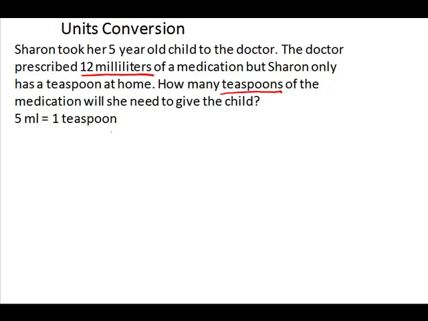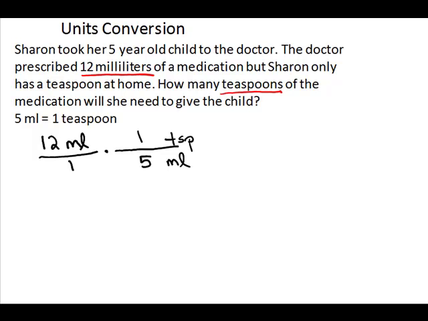So first we'll write down what we have. We have 12 milliliters, and we make it look like a fraction. We're going to multiply by our special form of 1. In the denominator, we want to cancel the milliliters, so it needs to go there. And we want to get teaspoons. There are 5 milliliters to 1 teaspoon.